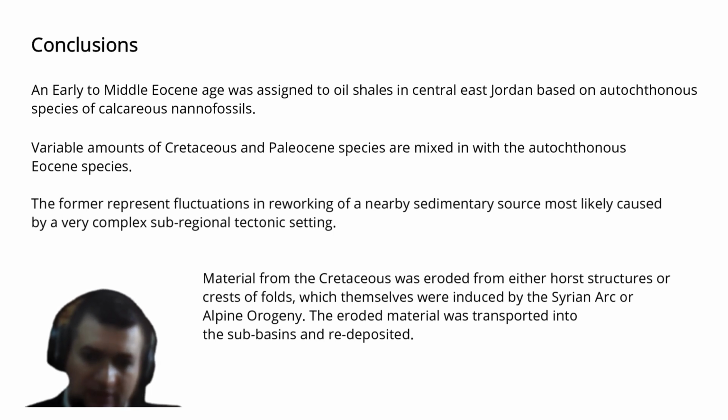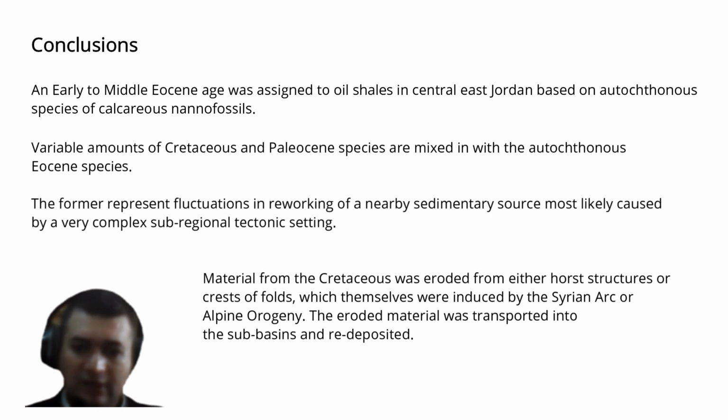The first one, the Syrian Arc, affected our area by increasing the relief between the horsts and grabens. This happened during the late Cretaceous and Paleogene. And finally, during the Middle Eocene, the Alpine orogeny played a major role in transportation, sea level change, and the transportation of reworked species into the basins. Thank you very much for your attention.